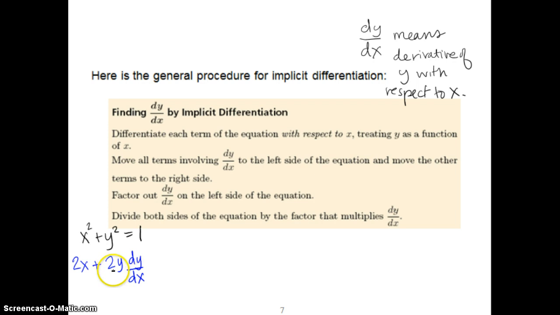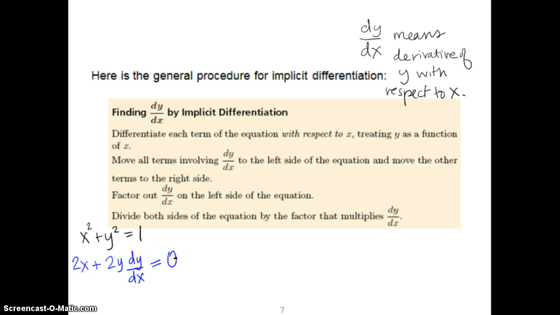So we're using the chain rule, taking the derivative of the exterior of the function and then multiplying it by the derivative of the interior. The derivative of y in terms of x we don't know yet, so we just call it dy dx. And then the derivative of 1 is just 0.